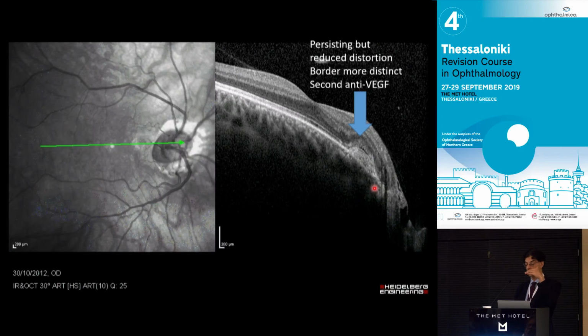So you need to do a dense raster scan, look at them all, and look for signs of this. And actually, I find it very difficult to manage type 2 CNVs without a very high quality OCT, because seeing the change in the fuzziness of the border is very difficult without an OCT that tracks.